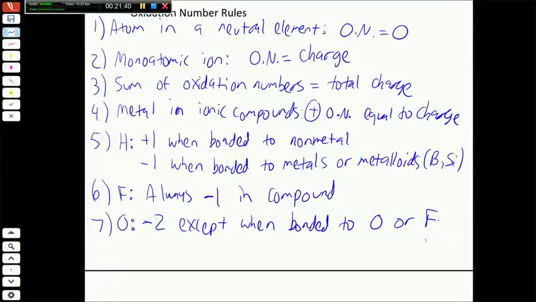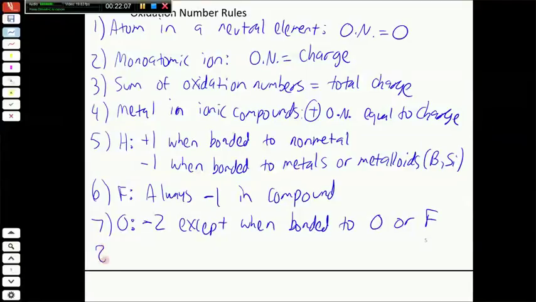All right. So O2, of course, is elemental oxygen. That would be a 0 oxidation number, like any element. But if you have a compound with an O-O bond, like hydrogen peroxide, for example, the oxidation number will be, in that case, -1, not -2. And if you have oxygen bonded to fluorine, fluorine would be -1, and then oxygen would be something other than that to balance out the oxidation numbers. So there are few exceptions with oxygen, but it's usually -2.